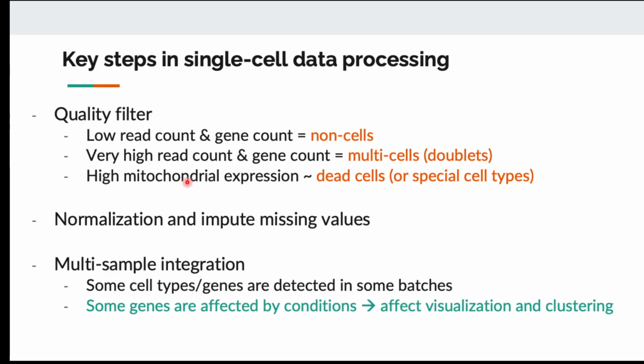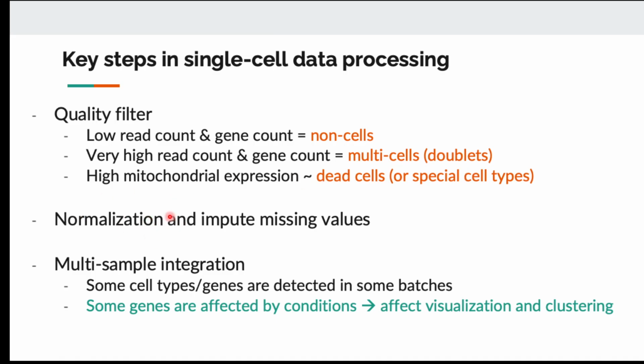So if we see a high proportion of mitochondrial genes, that can give us some signal that these cells may be dead. But as I put in the parenthesis here, some special cell types, as I will show with actual data, also have high mitochondrial expression. So when you remove cells based on mitochondrial expression, you have to make sure to check other cell type markers as well, to be careful about this.